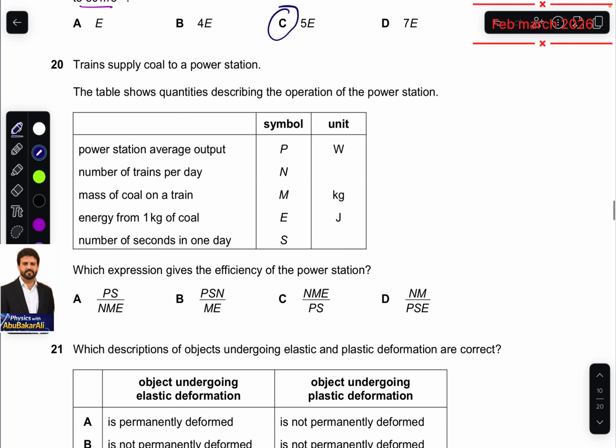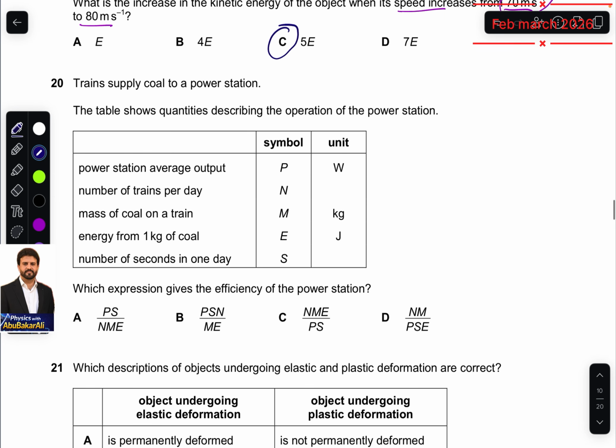Question 20. Trains supply coal to a power station. The table shows quantities that describe the operation of the power station. Which expression gives the efficiency of the power station? For the efficiency, we have two options.